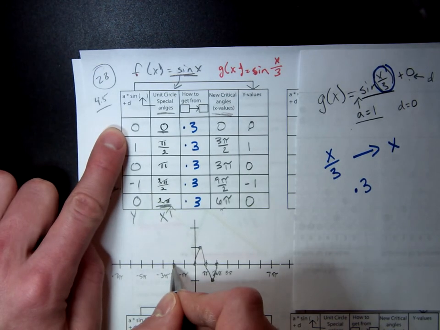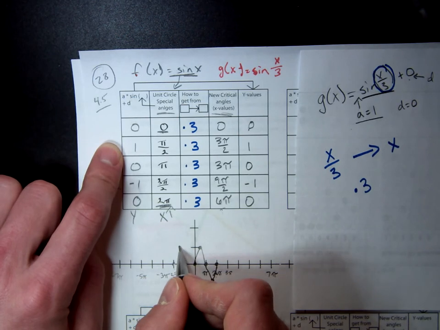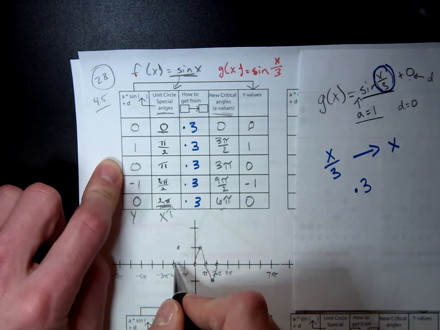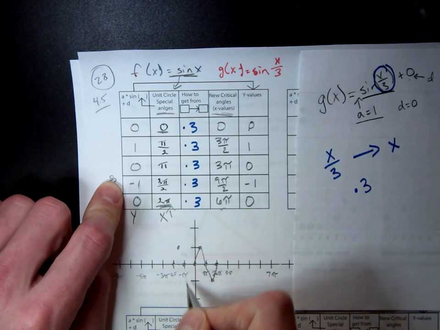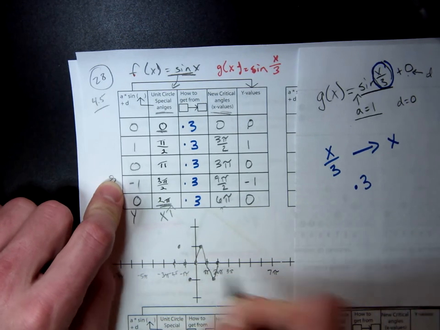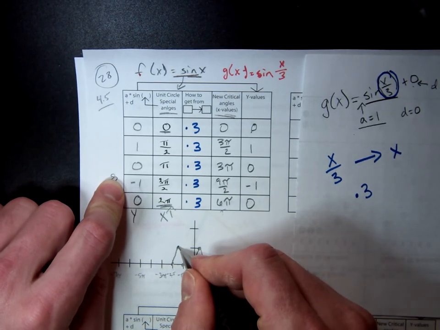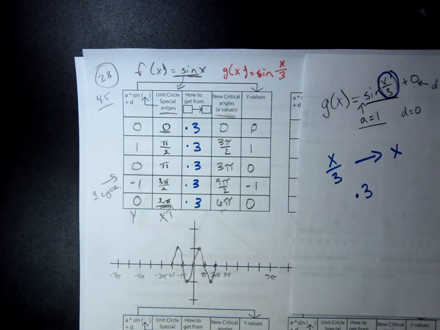So I start with 0, then I go over pi over 2 and up to 1. Then I go over pi over 2 more and go down to 0. Then I go over pi over 2 more and go down to negative 1. And then I'm going to finish up where I started, at 0. And we could do this in both directions continuously.